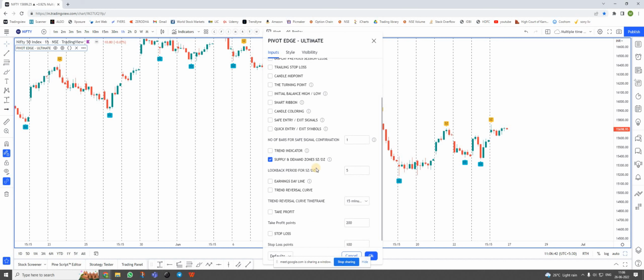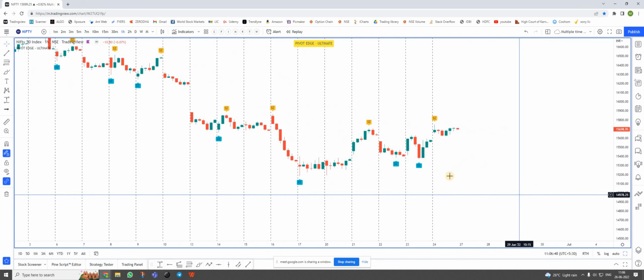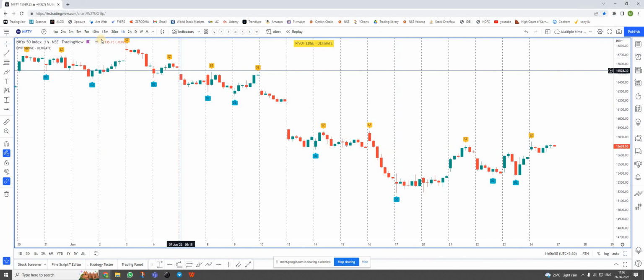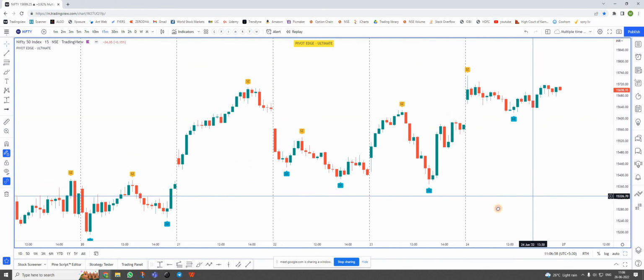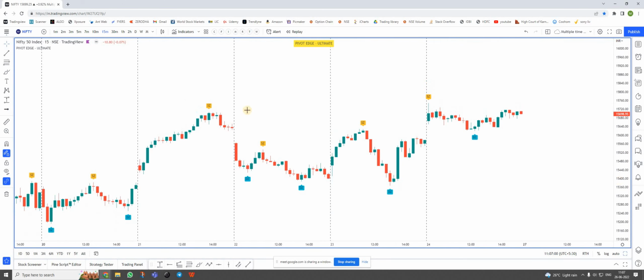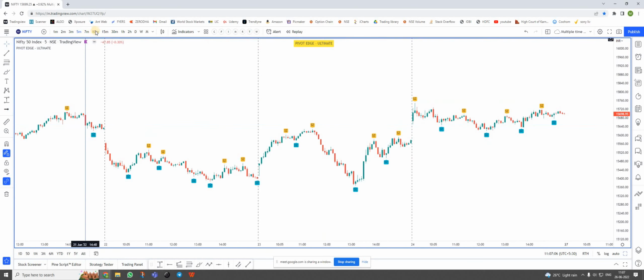Now look back period for this supply zone and demand zone. By default I have kept it as 5 period, or 5 bar or 5 candle, whatever you want to say. So by default, with the setting I have given, it is going to give you accurate supply zones and demand zones.